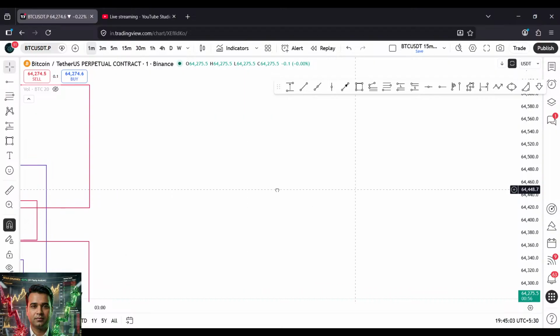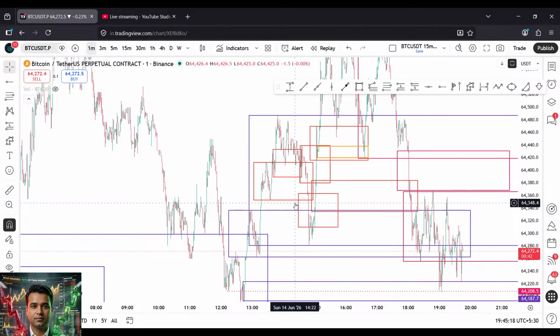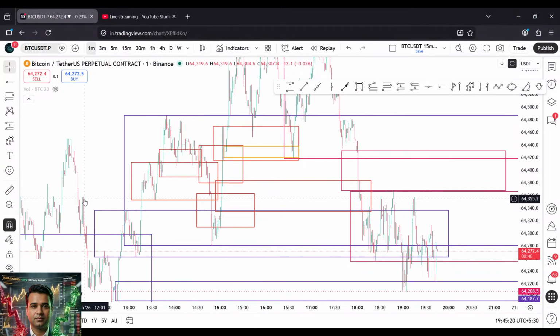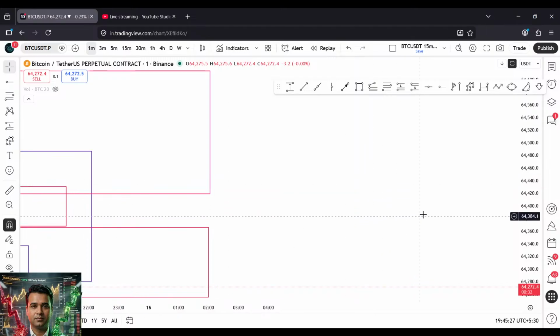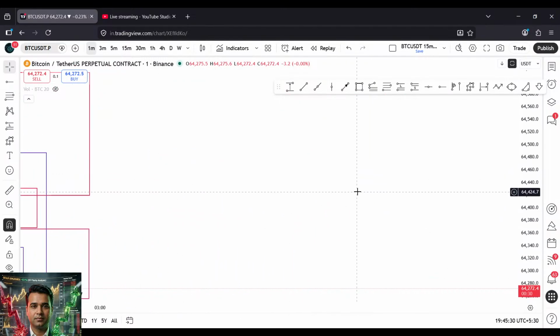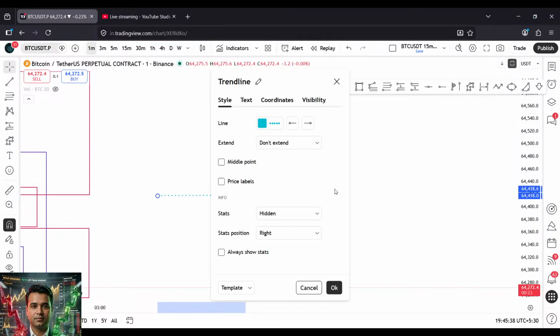Okay, let's draw it like this. Think like this is the structure of a major minor swap. It goes up, comes down. What happened here? There was a resistance here and price crossed this, goes up, comes down. Same as we draw FTRs, there being a resistance.